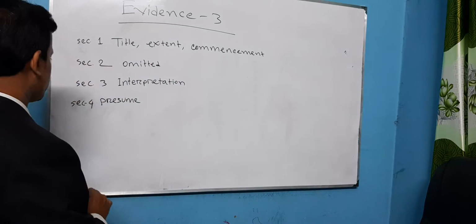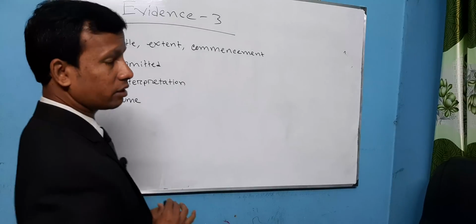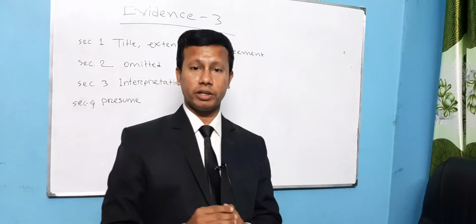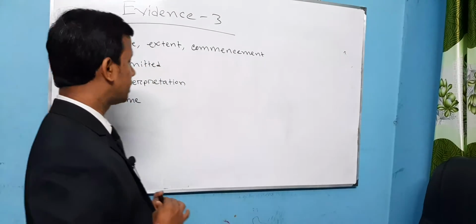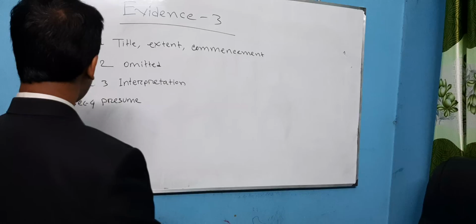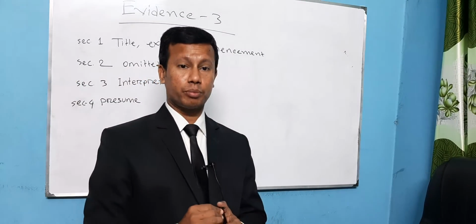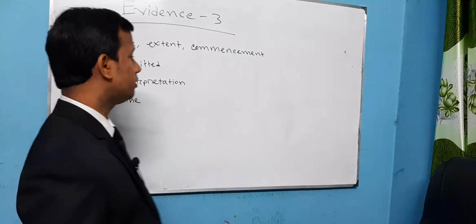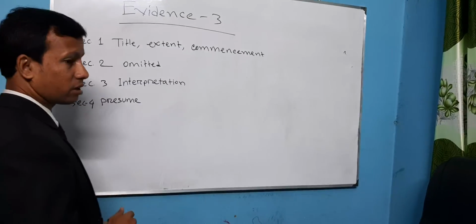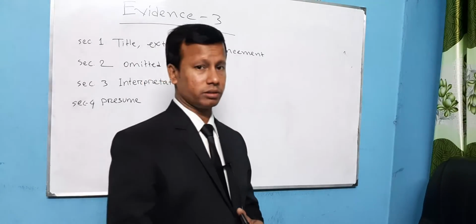And now shall presume. If you get shall presume in any of the sections while reading the book, then you consider this as proved until or unless the party concerned disproves it, and the court will not call for proving this matter.